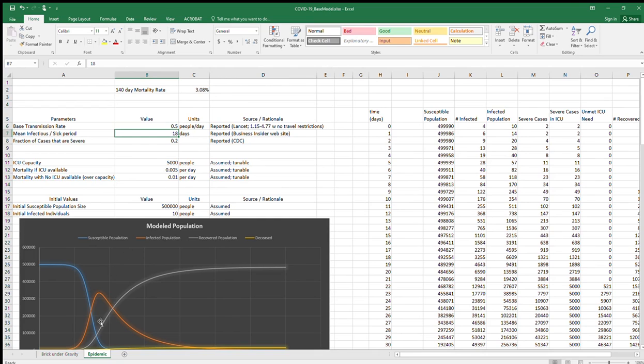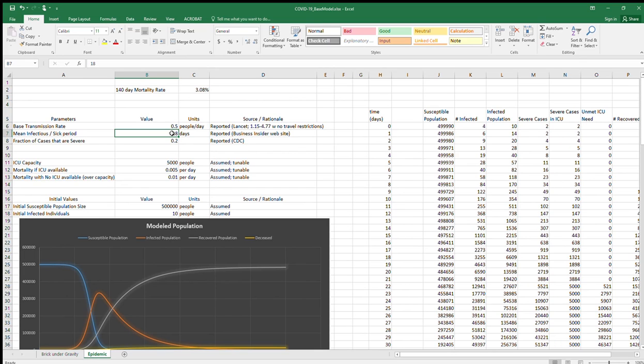So some things wind up being more sensitive, like the peak number of cases, the day at which the pandemic peaks, at which the infected population reaches its maximum. The mortality rate seems to be a little bit less sensitive to that, but we can start asking other questions like what happens if the virus mutates and it lasts longer in the population.